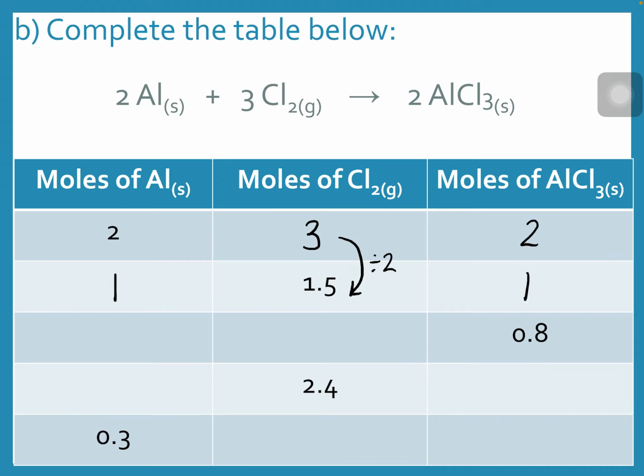So we can take a look at the relationship from our balanced equation to how much we have of the chlorine. The other direction we could look at it is in our balanced equation, what can we use? Our relationship is however many aluminum atoms I have, that is the same number of moles of aluminum chloride that is produced. And then the relationship between aluminum and aluminum chloride and chlorine is, to go from here to here, I would need to divide by 2 and multiply by 3.